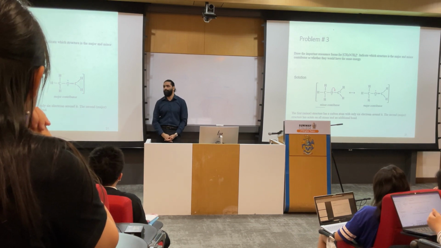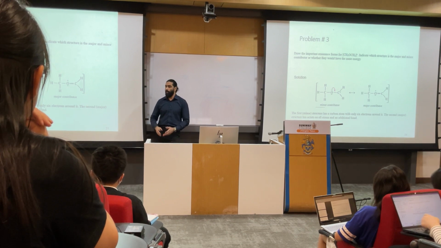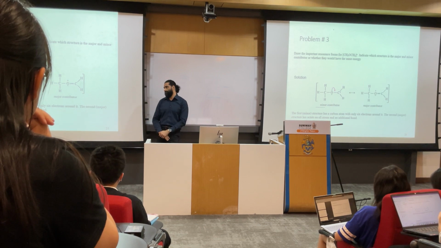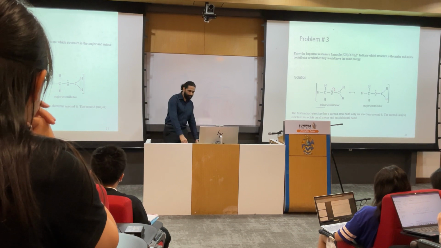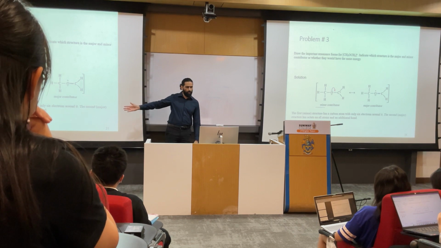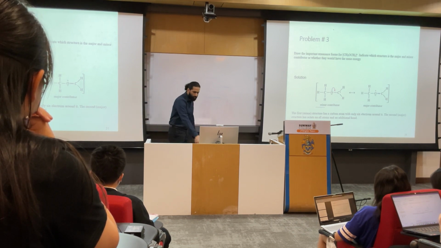That is what I was saying, that you have to read questions carefully and answer according to the questions. If you only draw one in this case, you will not get 2 points. Right? So that's your minor contributor, and the other one is your major contributor because of the octet rules. Right?